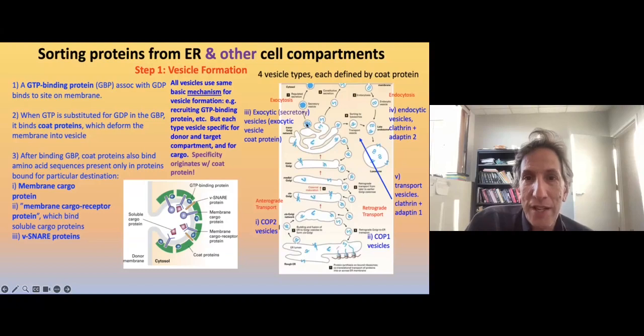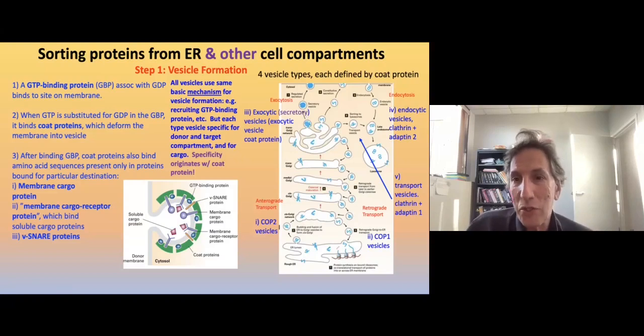These vesicles that leave the trans-Golgi and go to the plasma membrane, they have a protein called... these are exocytic vesicles, or they're sometimes called secretory vesicles, but I prefer exocytic vesicles. There's an exocytic vesicle coat protein. So each is targeted by a certain coat protein.